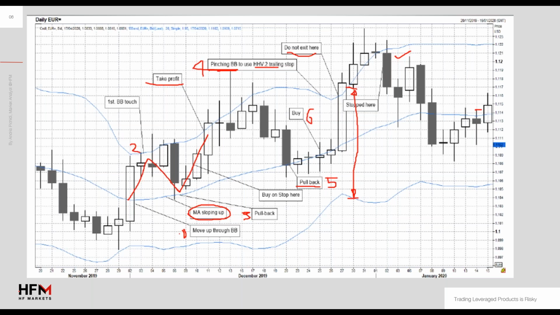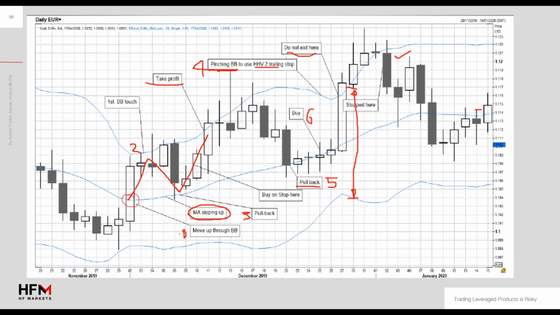Remember, every time the price breaks the 20-day moving average, this blue line in the middle, it suggests that it is likely to touch the upper line of the Bollingers.